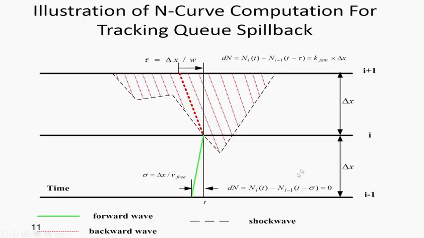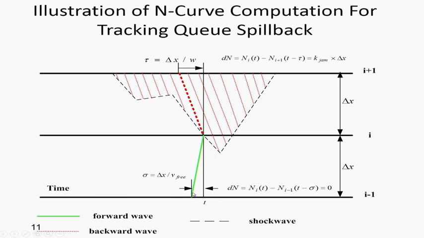If you look at this particular graph, I would like to use this illustration to show I have 2 sections. This is section 1, section 2. I have 3 nodes: node I minus 1, node I in the middle, node I plus 1, and then I have 2 types of waves in this time and space diagram.